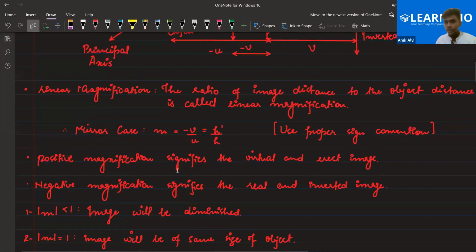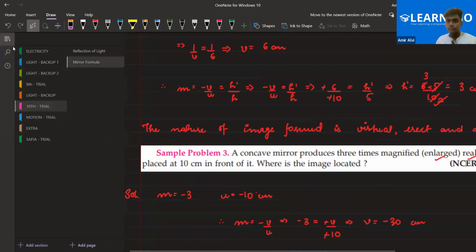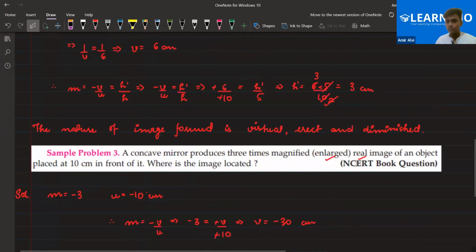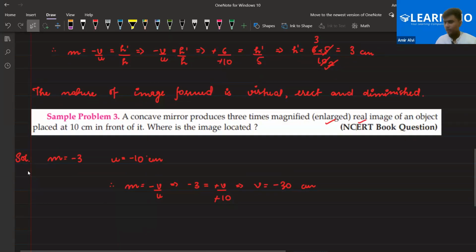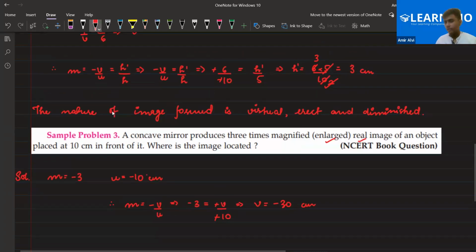Negative magnification signifies a real and inverted image. Clear, Arish, now? Yes. If v is minus 30, the image is 30 centimeter in front of the mirror. Because it's a concave mirror, if it's a real image, the image formed will be in front of the mirror, not behind it. Check it.